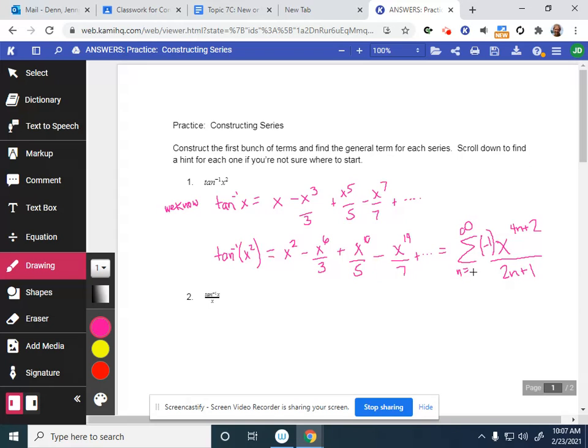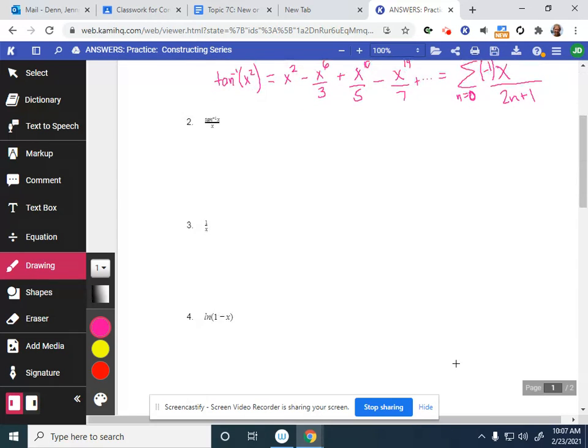If I start n at 0, we should be in a good place. Starting n at 0 will mean x to the second is first, and 1 is first on the bottom, and that's good. And then here I want my first term to be positive, so I can just have n be the power of the alternator. Beautiful.